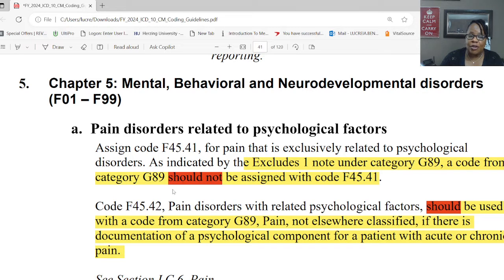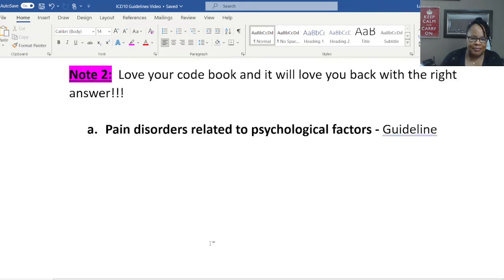A code from category G89 should not be assigned with code F45.41. Let me show that to you. At F45.41, it says there's a code at G89, but I've got it put together this way.